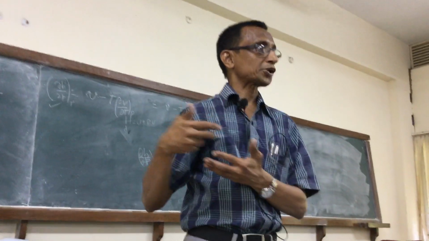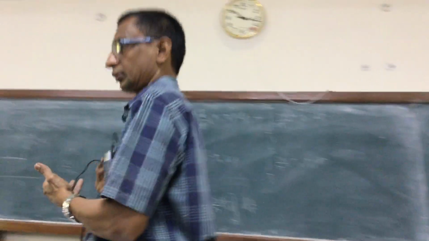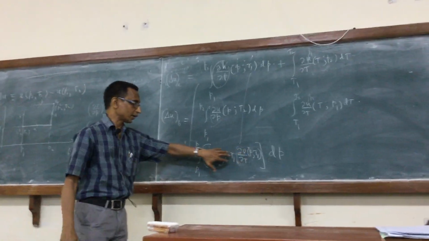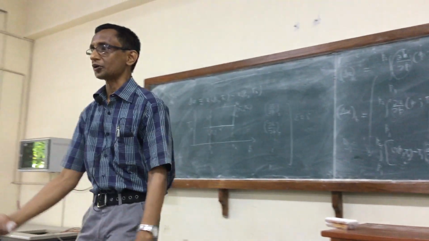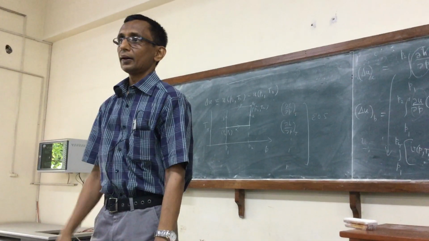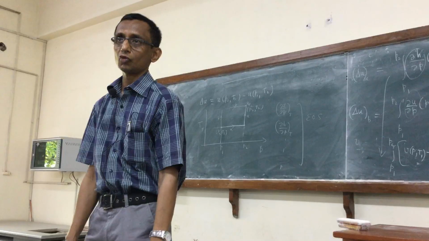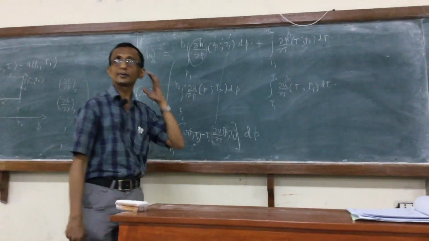That means pressure is expressed as a function of V and T, right? But here we have everything expressed as a function of P and T. Volume is expressed as a function of P and T, and dV by dT is also expressed as a function of P and T. So now, how do we handle this? How do we change this?